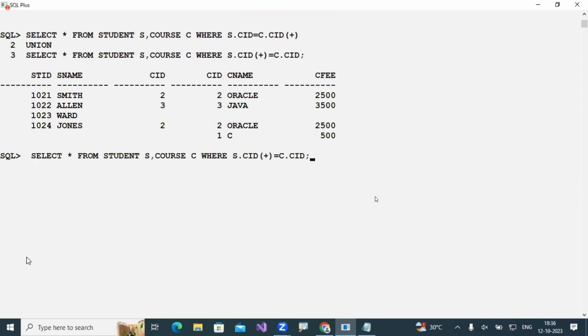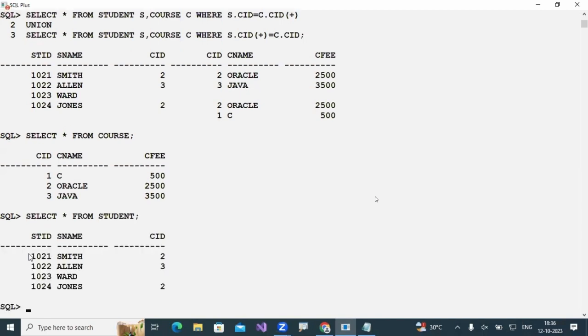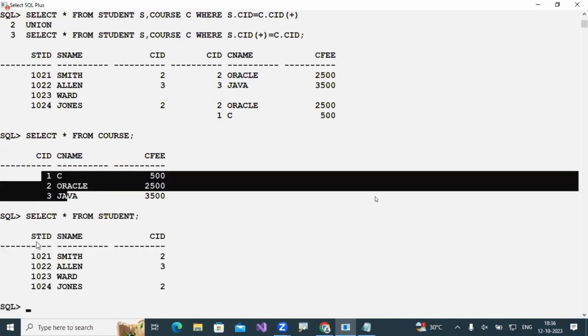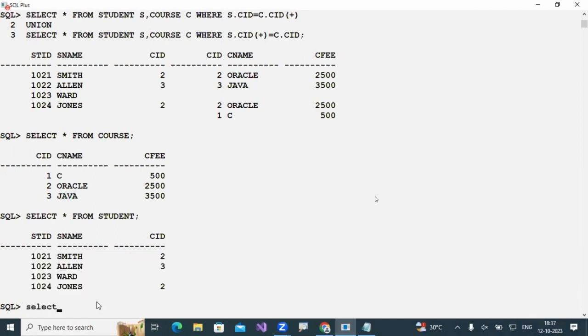Suppose again, I will call back my tables here, course and student. In one table we have 3 rows and another table, 4 rows. Suppose on these 2 tables I'm using my cross join, I can say select star from student, comma, course. That's it.